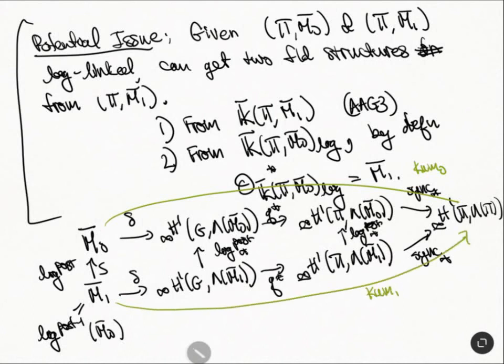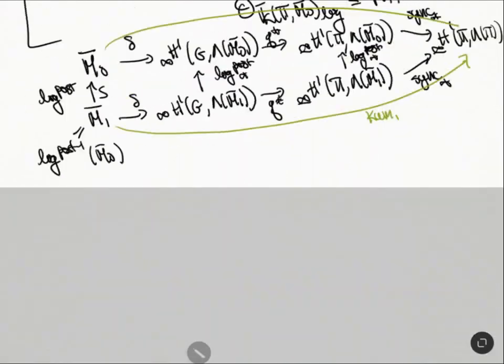The fact that this diagram is commutative is just saying that the first Kummer map is equal to the second Kummer map composed with this log post of K1.